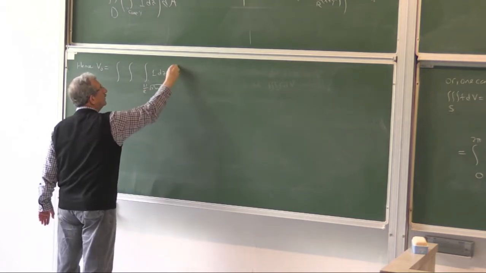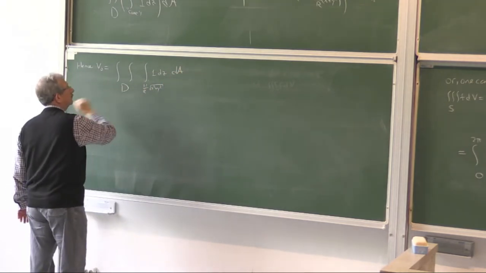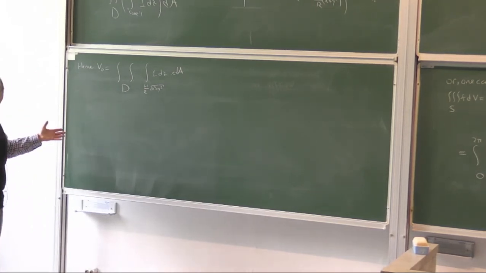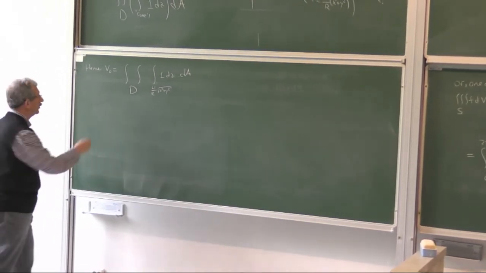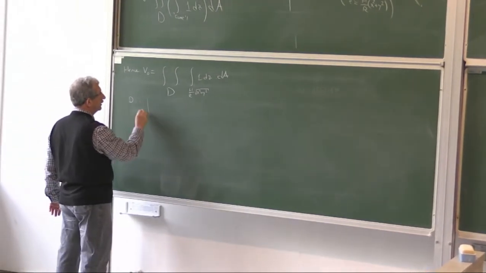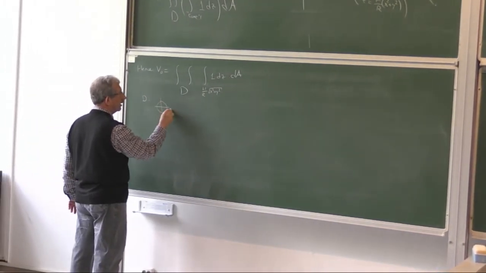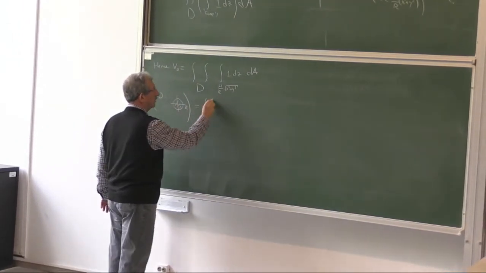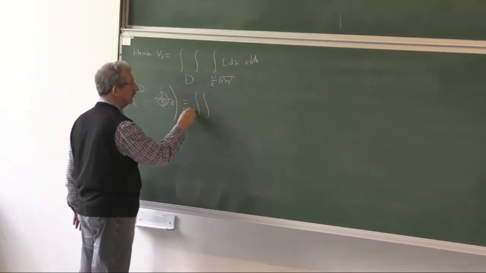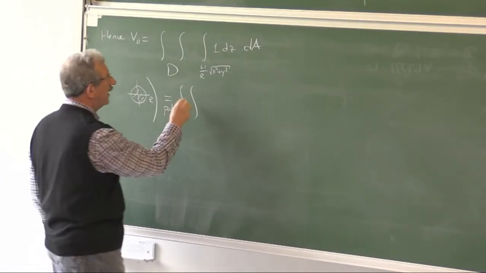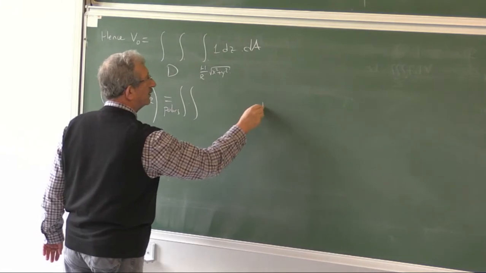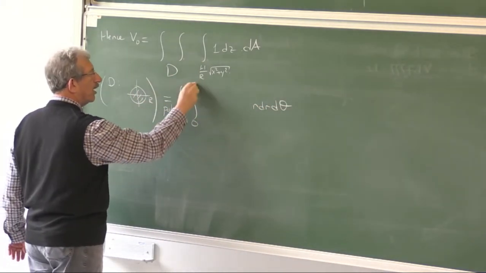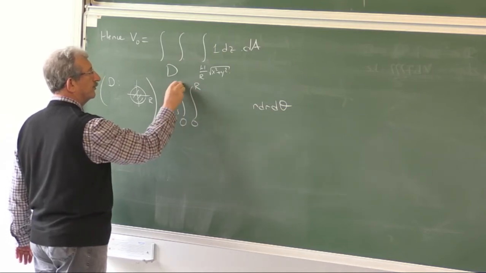And then we have dA over D. Well, when you look from the top, D is a circle with radius r. So we use polars, standard polars. Then this becomes r dr d theta, r from 0 to r, theta 0 to 2 pi.